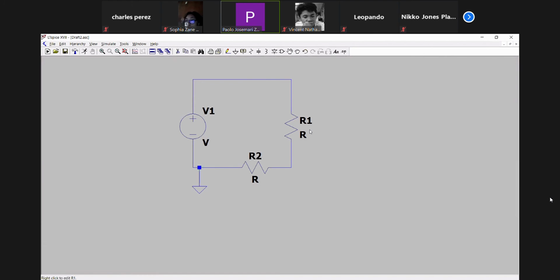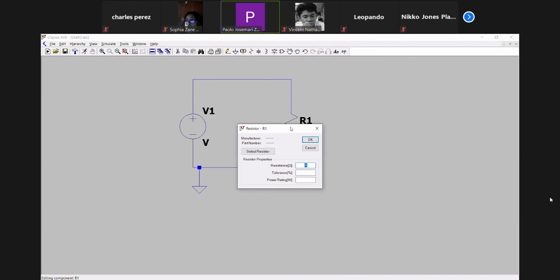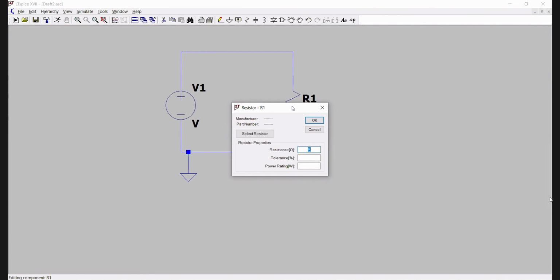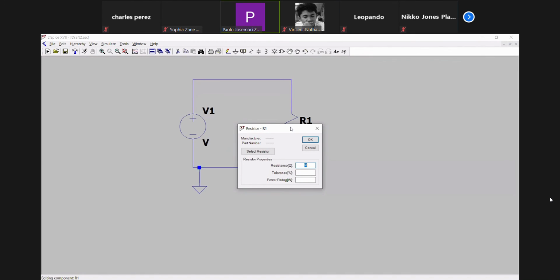Okay, so for your R1, you right click. So what is the value of your R1? Please dictate it, since the screenshot was cancelled. What is the value for your R1? It's in the first page, I believe. Sige, ang unang makaingon kay flat 5. 1 kilo ohm, flat 5, sir. Hala, di na pwede, Sofia.